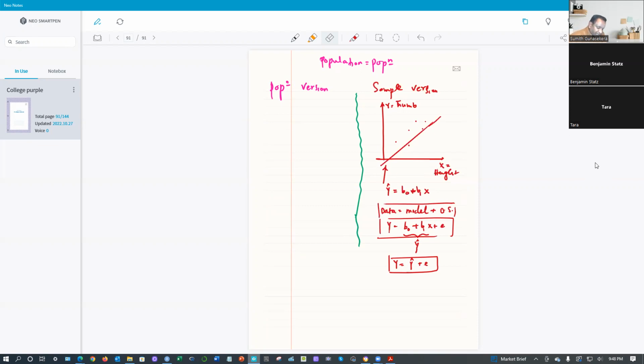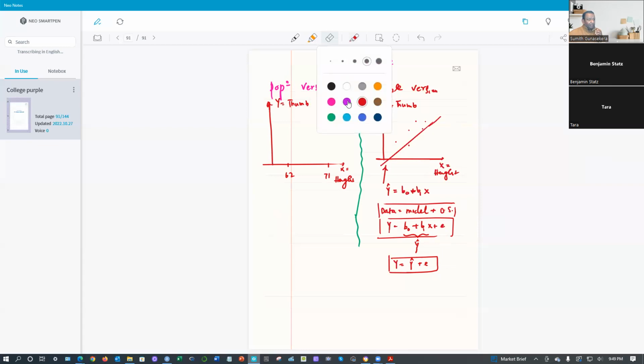So the counterpart: x is height, and this is some length y. Look at what's going to happen. For a given height, let's say 62, the first one, all the way up to 71, the theory thinks that for a given height there are infinitely many data points.